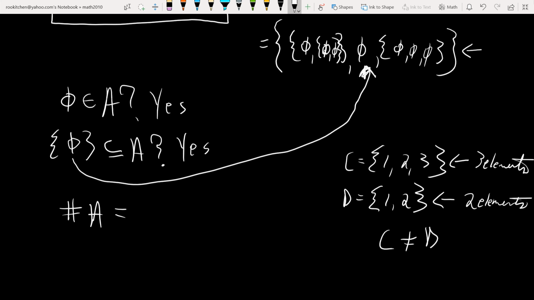Anyways, the number of elements in this weird set that I've created, A, is, you can probably guess, three elements. There's this set that contains the null set and another set containing two null sets. Then there's this set, and then there's finally this set here.